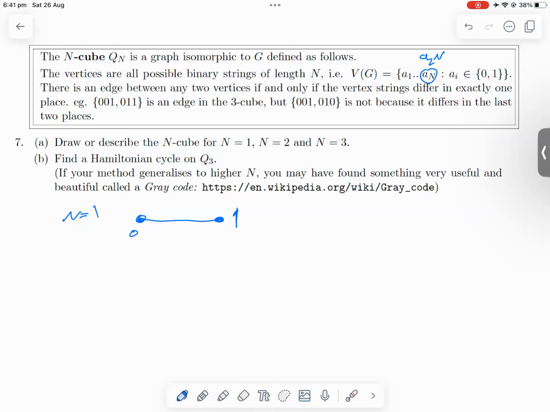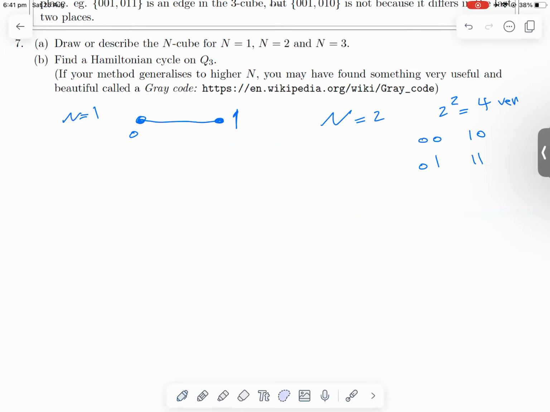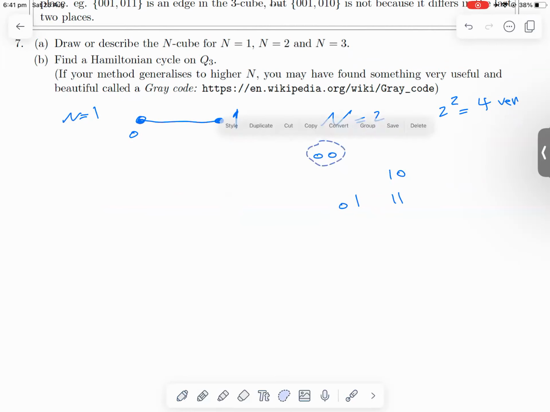For n equal 2, let's first see how many vertices we have. According to what I wrote here, it should be 2 power 2 vertices, and they are 0, 0, 0, 1, 1, 0, 1, 1. Let's make some space.